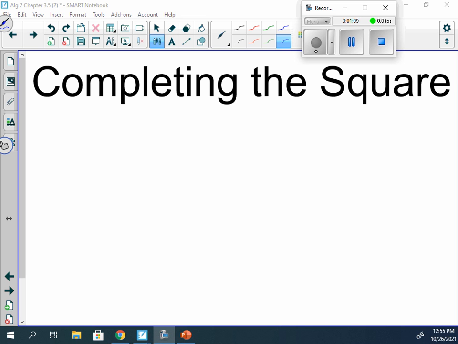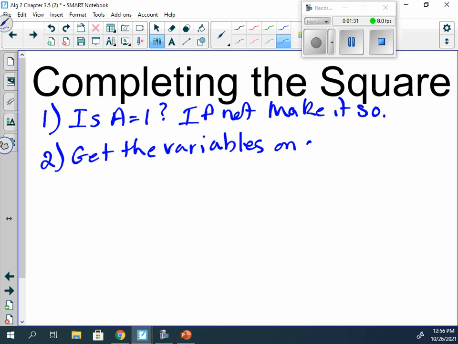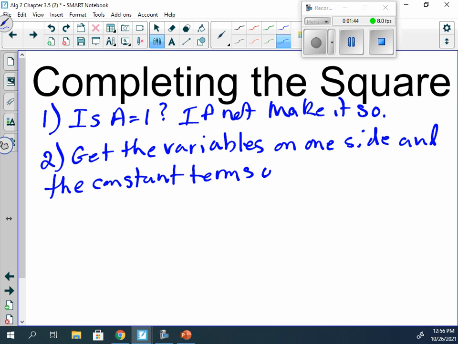Now, there were 4 main steps in completing the square. The first is A equal to 1. If not, make it so. Step 2, get the variables on one side and the constant terms on the other.